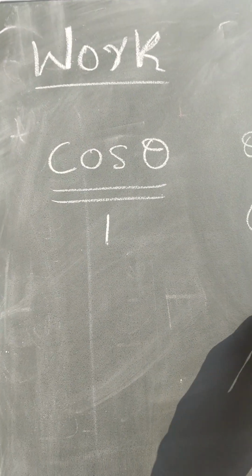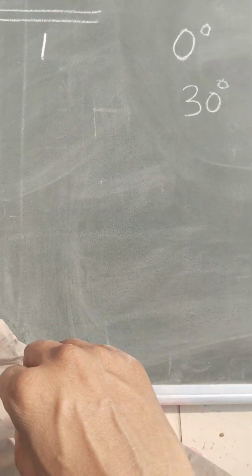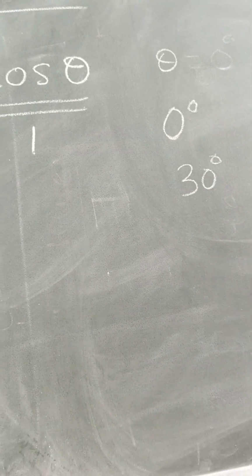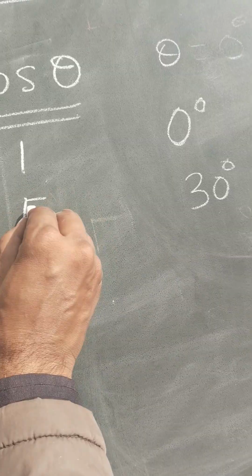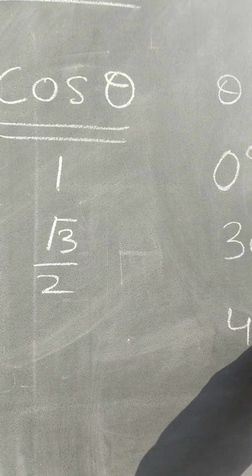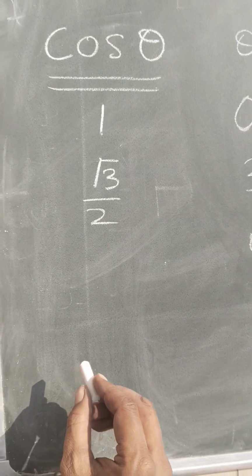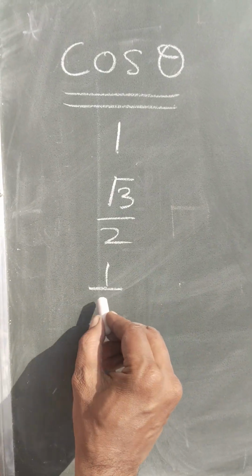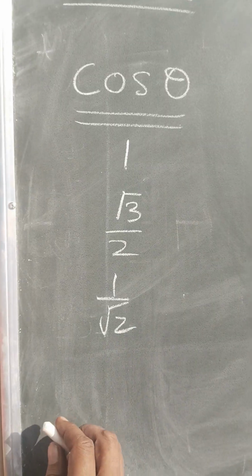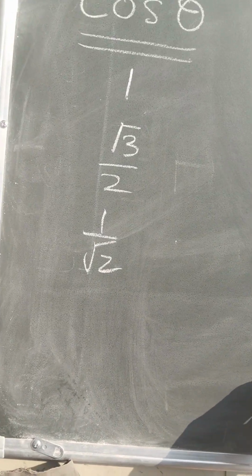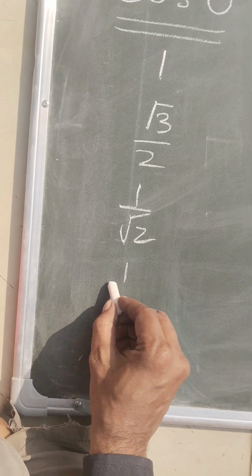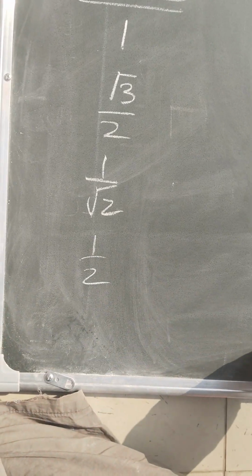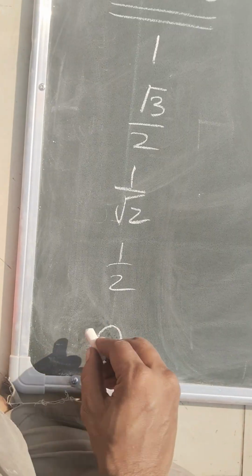And let me remind you of class 10: at 30 degree, its value becomes root 3 by 2. At 45, it becomes 1 by root 2. At 60 degree, it becomes 1 by 2. And at 90 degree, it becomes 0.